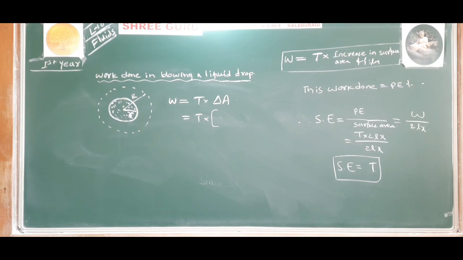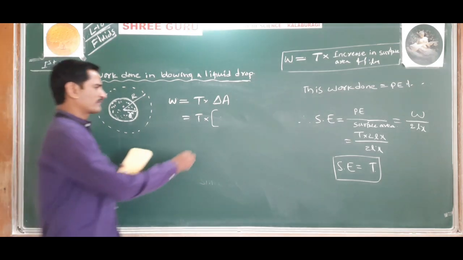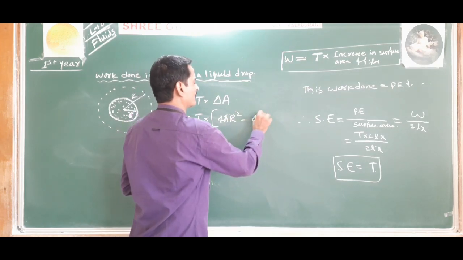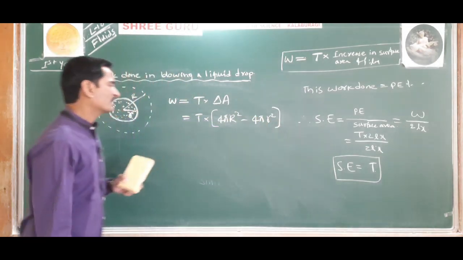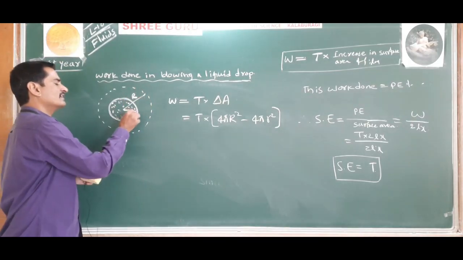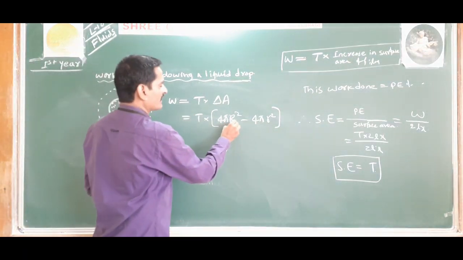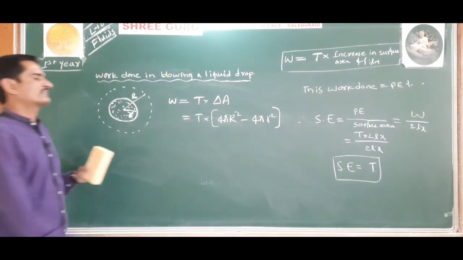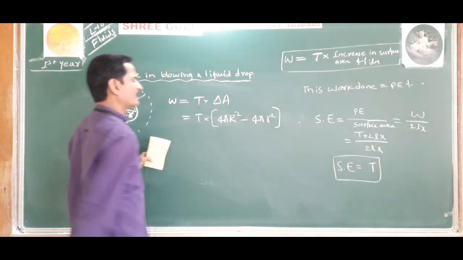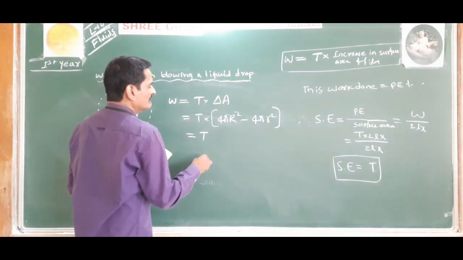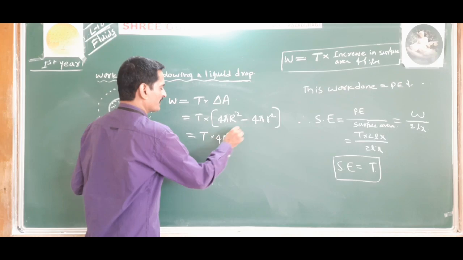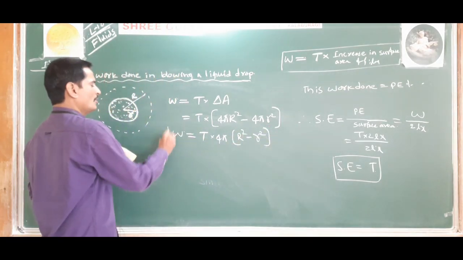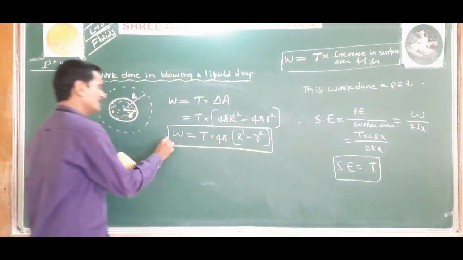The final surface area is 4 pi R square and the initial surface area is 4 pi r square, because the final radius is capital R and the initial radius is small r. Taking 4 pi common, W is equal to T into 4 pi into R square minus r square. This is the formula for work done in blowing the liquid drop.